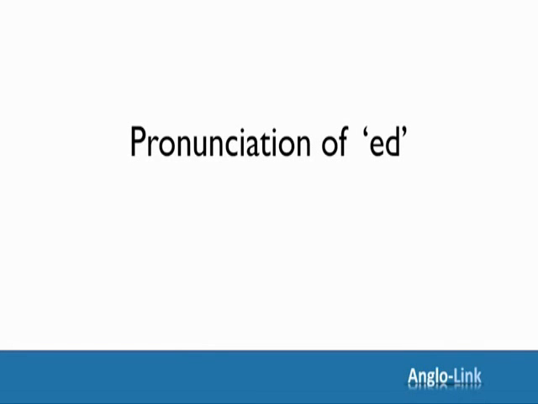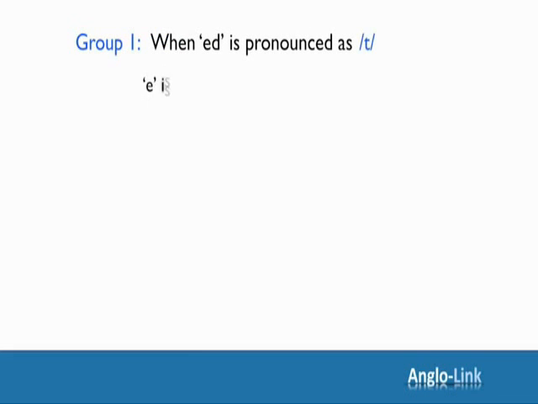Right. Pronunciation of ed when you formulate the past simple tense or the past participle of a regular verb. There are three groups. Group 1 is when ed is pronounced as t. So the e is not pronounced and the letter d is pronounced as t.